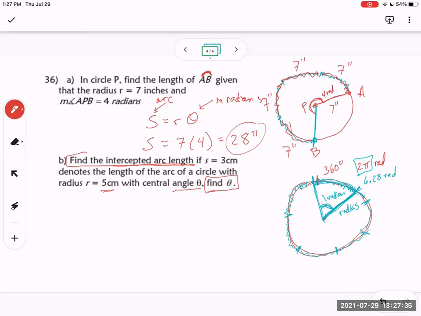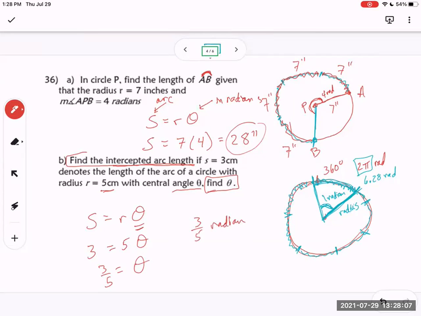So again, let's just use this formula. S equals R theta, and we're trying to find theta. Well, what's S? 3. What's the radius? 5. So what's theta? 3/5. So your answer is 3/5. Theta equals 3/5 of a radian.